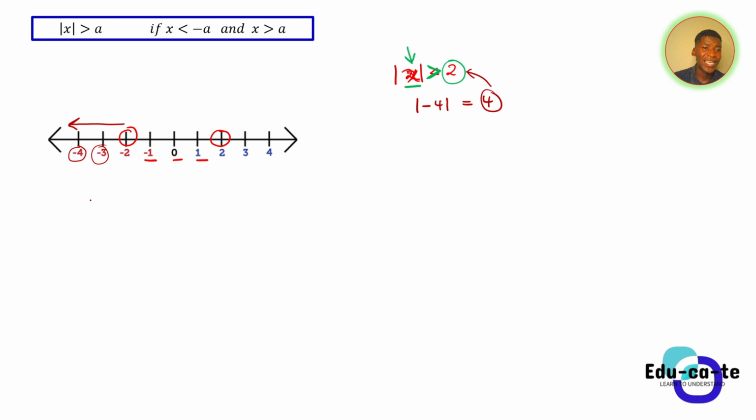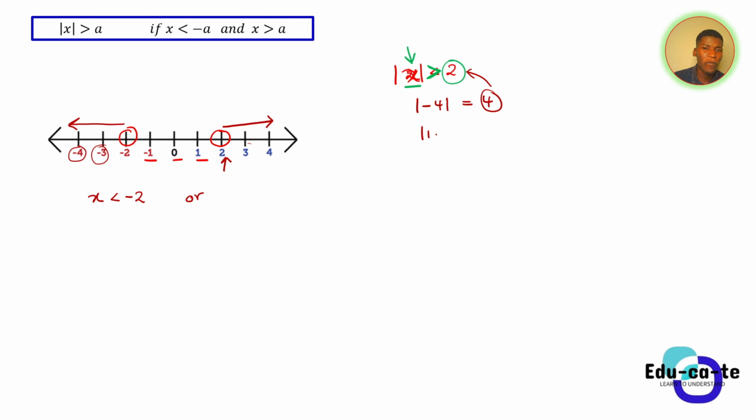So I have to take x values. x just represents any value that I can pick. In this case, I can pick any value that is less than -2. Or I can also get an absolute value of 2 at +2, so I go to the right of +2.